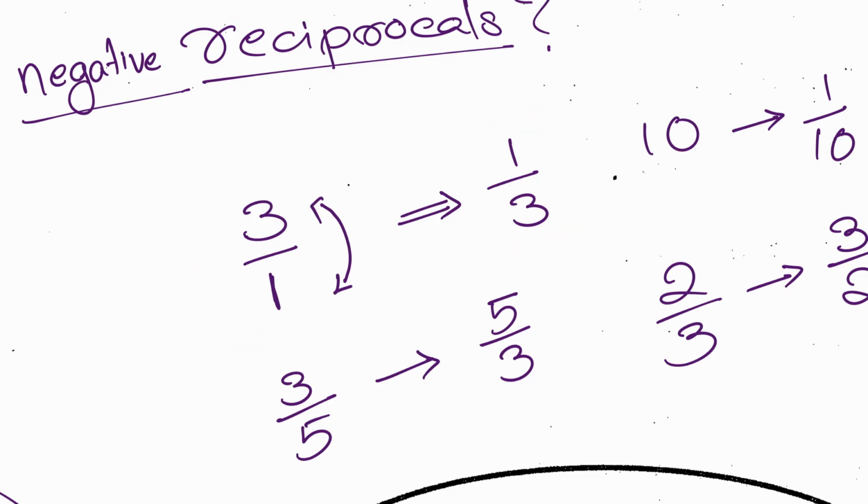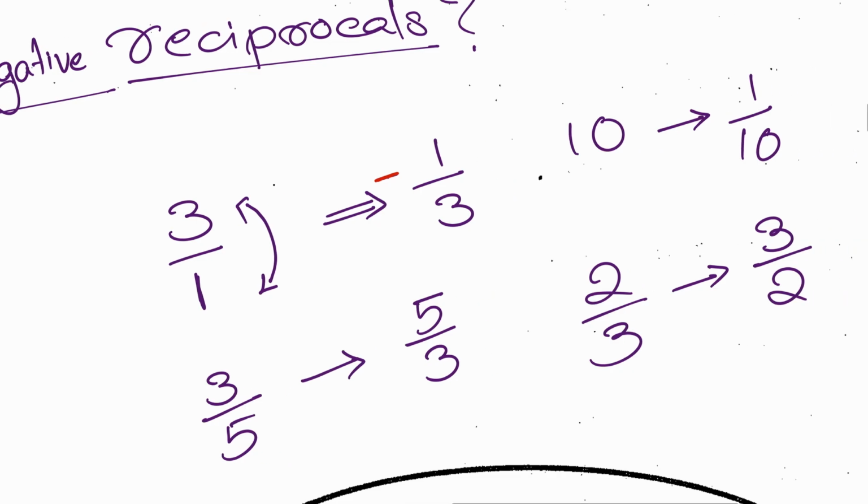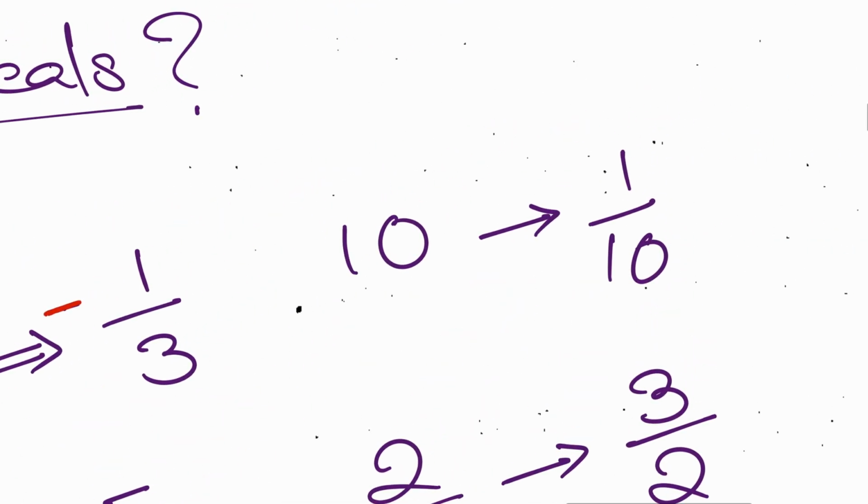I am taking one of the numbers as negative. So 3 and negative 1 by 3 are negative reciprocals. Okay, so this pair 10 and 1 by 10. Suppose negative 10. The negative reciprocal of negative 10 is positive 1 by 10. Or the negative reciprocal of 10 is negative 1 by 10.